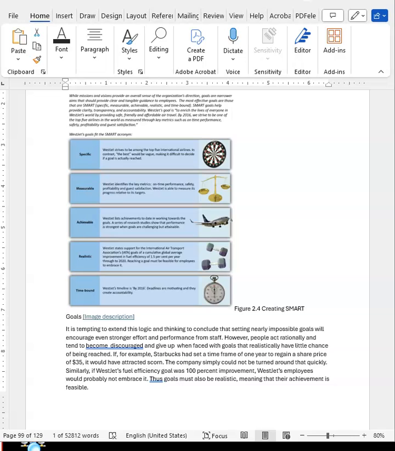If, for example, Starbucks had set a time frame of 1 year to regain a share price of $35, it would have attracted scorn. The company simply could not be turned around that quickly. Similarly, if WestJet's fuel efficiency goal was 100% improvement, WestJet's employees would probably not embrace it. Thus, goals must also be realistic, meaning that their achievement is feasible.